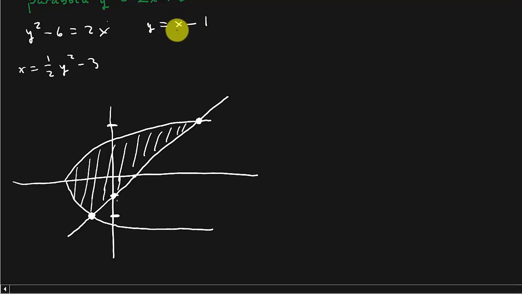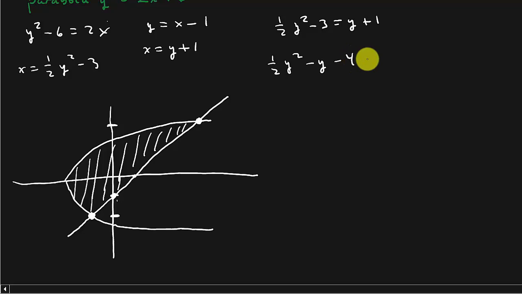So I'm going to take this one and get x is equal to y plus 1. And I'm going to set 1/2 y squared minus 3 equal to y plus 1. So that's going to be 1/2 y squared minus y minus 4 equals 0.